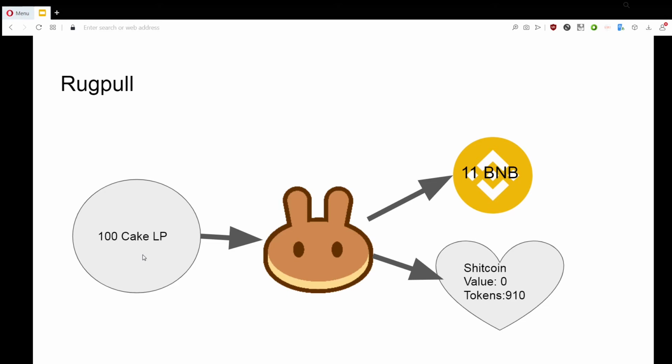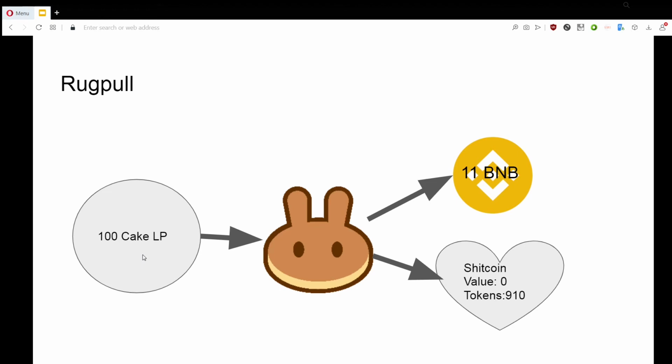One way is that the Cake LP is transferred to another wallet, and if this wallet is a burn address, for example 0x00 or 0x00 dead, then the creator of the token doesn't have the Cake LP anymore, and they cannot remove the BNB from the liquidity pool. In fact, nobody can.